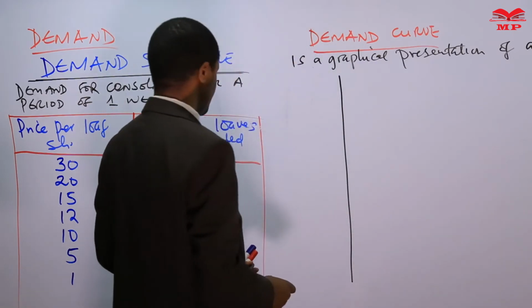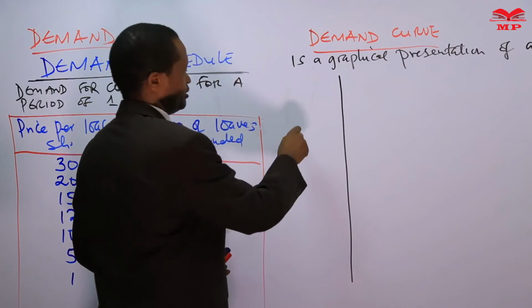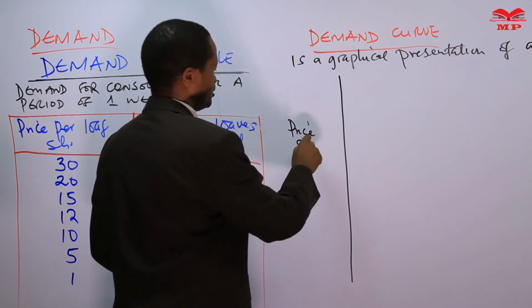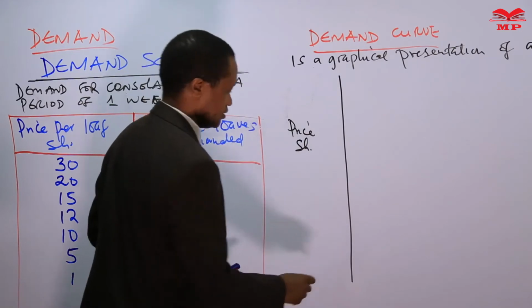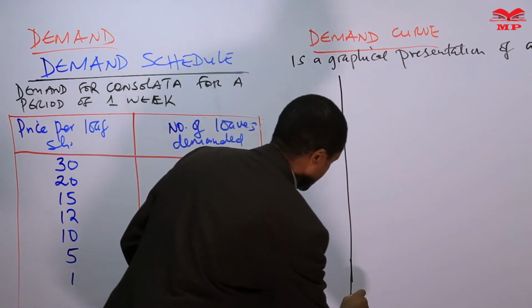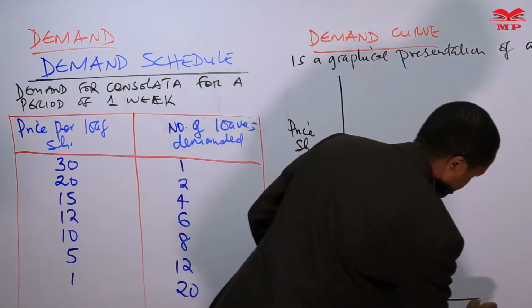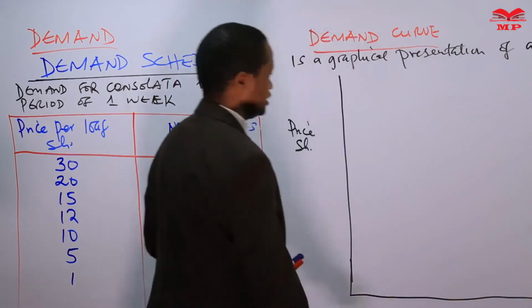So on the y-axis, we will have the price in shillings. Then on this axis, we'll have the quantity demanded.